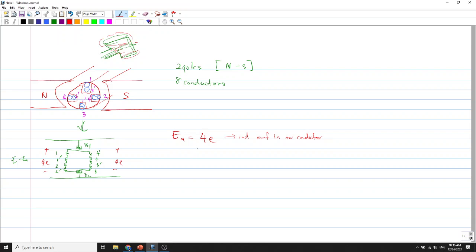When we look closely at the 4, we can say that the 4 is actually the number of conductors divided by the number of parallel paths.